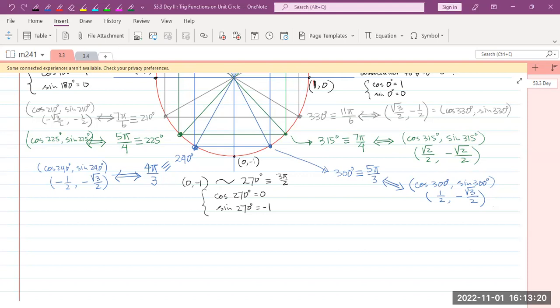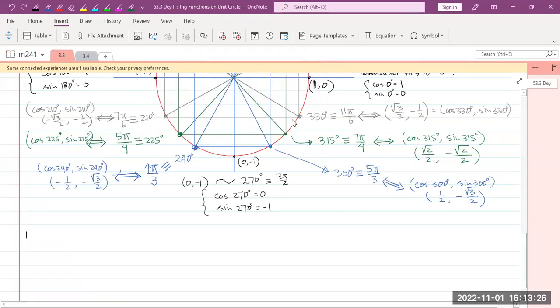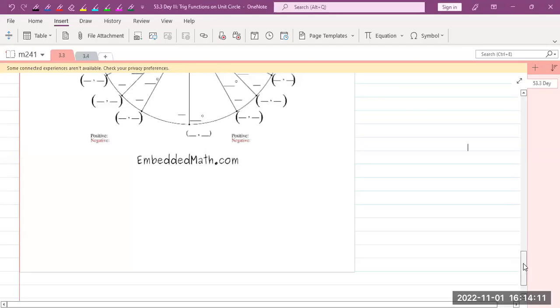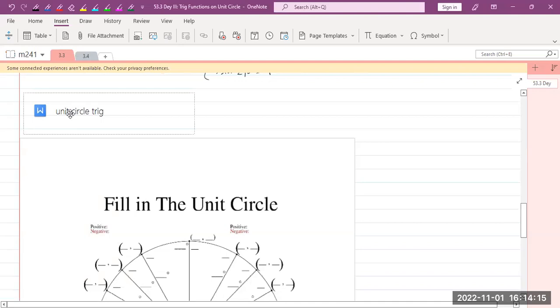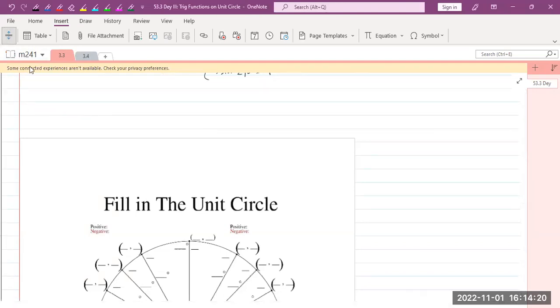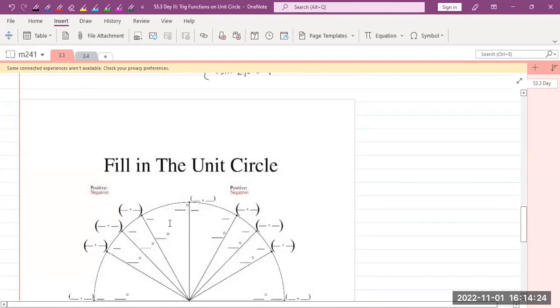Oops, I'm sorry. It doesn't work. Okay, I inserted this file in this note here. I will post the file as the unit circle trick on your discussion board.